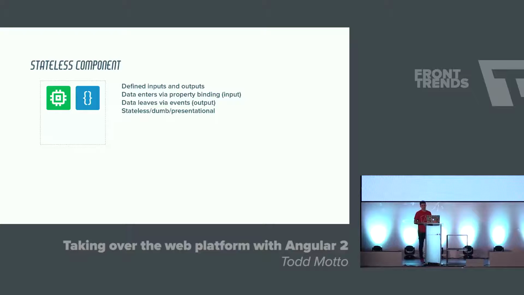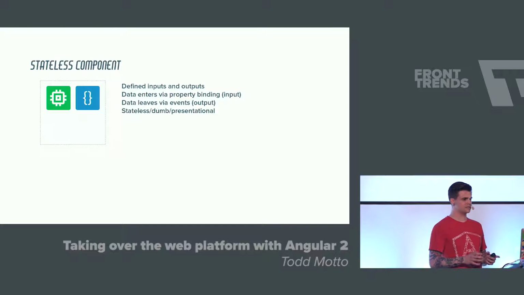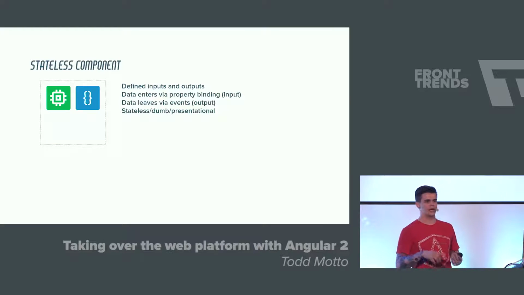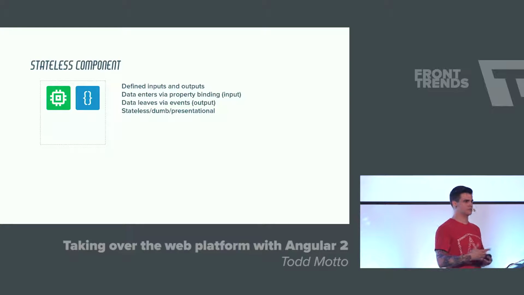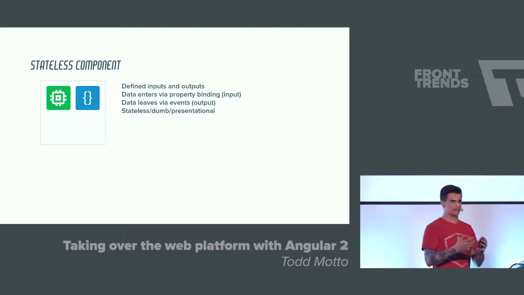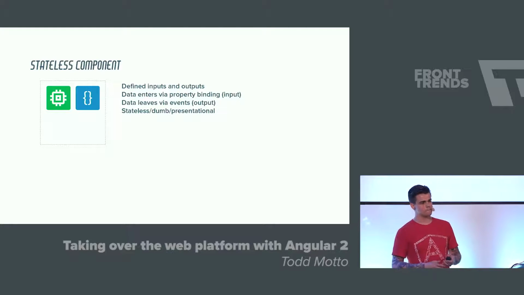The way that we pass an input is with property binding, and then we use events to pass the data back up. So that's a stateless component. And you'll notice it hasn't made an XHR request to the back end. It hasn't gone and fetched some data. It's literally just passed some data.